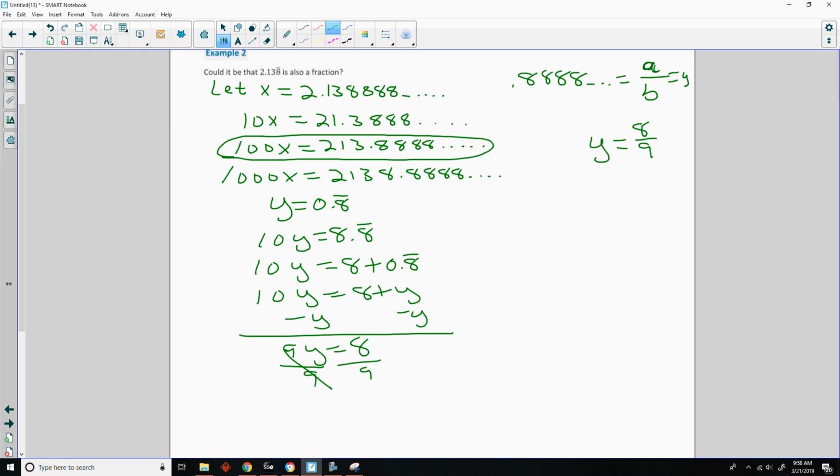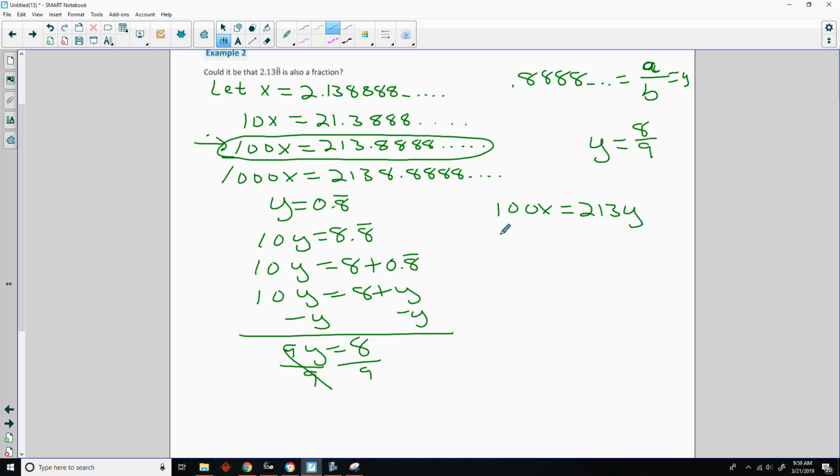Okay, so now I'm going to go up to this, and I know that 100x equals 213 plus y. First, let me write it like that. 100x equals 213 plus y. Well, y is 8/9.